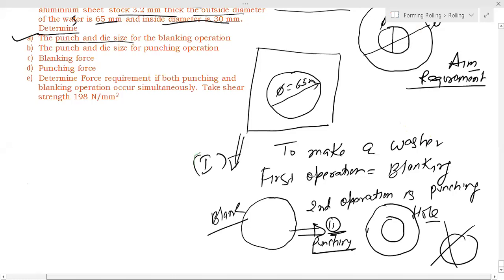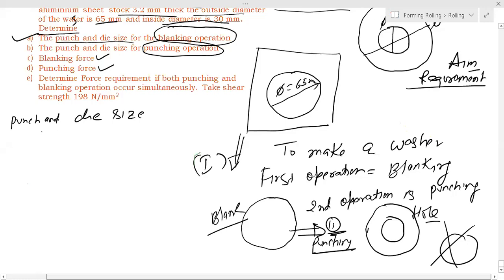And for this, you have to design. First is your blanking operation, then second is your punching operation. Then you have to calculate blanking force and punching force. So punch and die size in blanking.